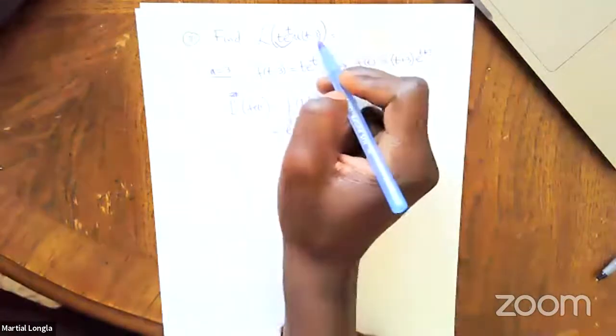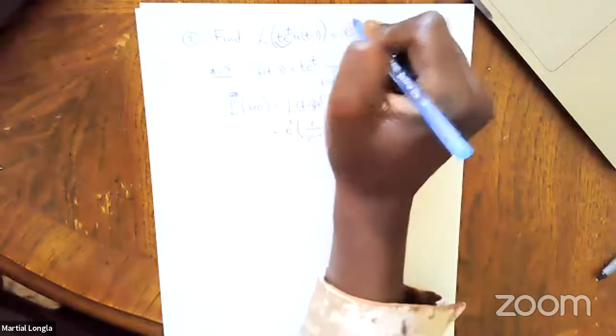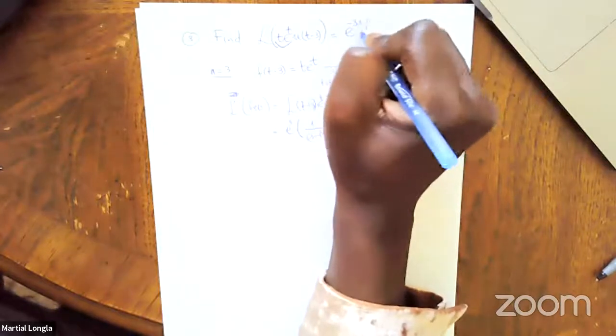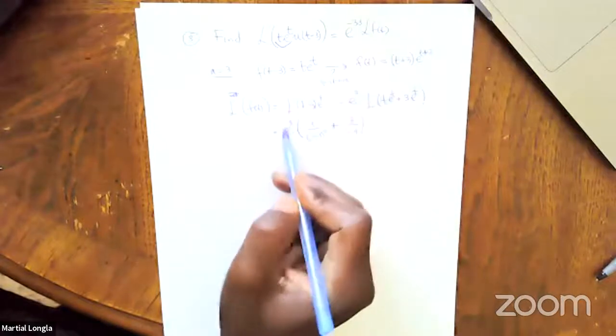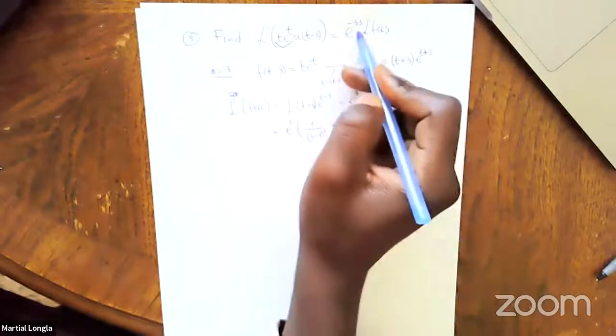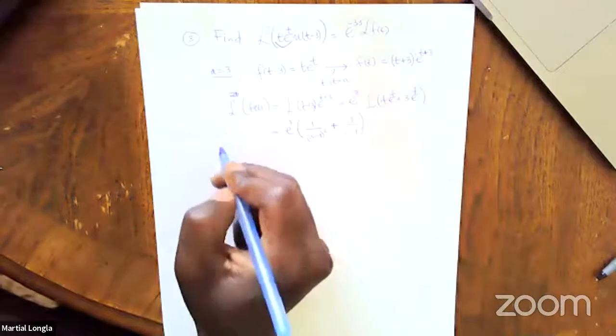And the answer to this question is e to the minus 3s Laplace transform of f of t. And you got f of t, and you found Laplace transform of f of t, you need to multiply that by e to the minus 3s.